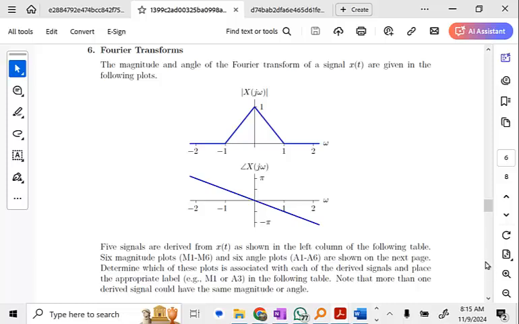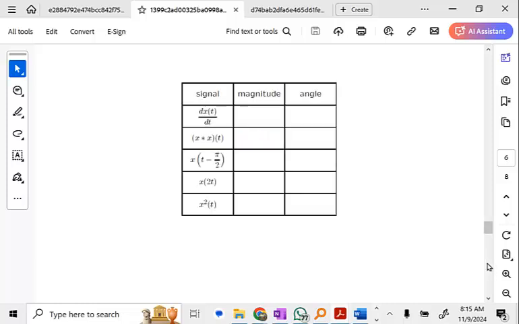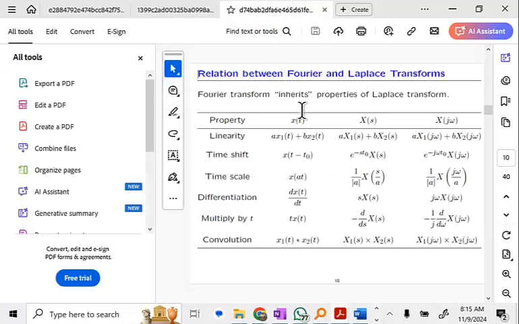Now, one way you can do this, if you look at these changes here, derivative, convolution, shift, multiply, x squared, if you go to the table, this is in lecture 16, there's a table of Fourier transforms. Don't worry about the j omega here. You can just think of this as a function of omega.